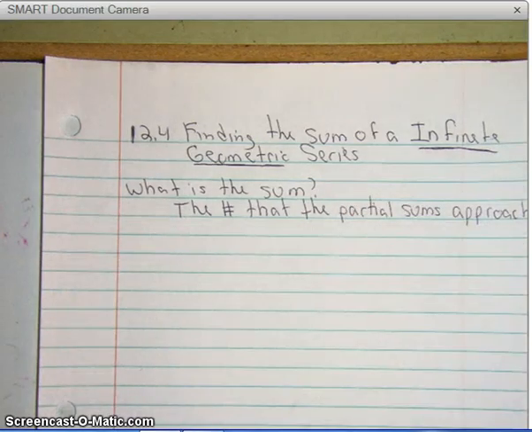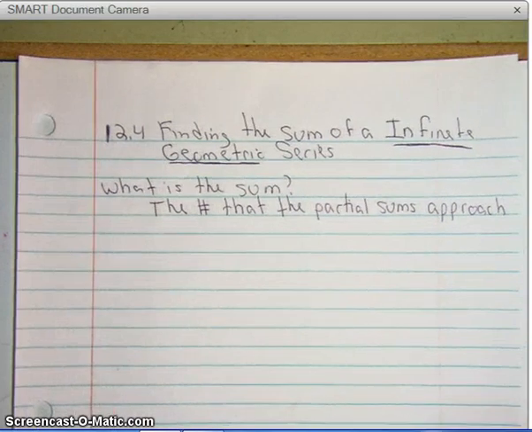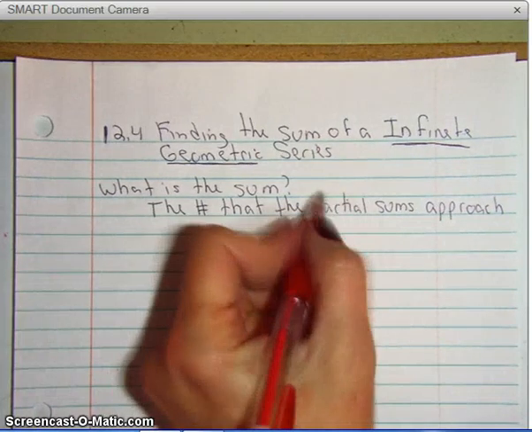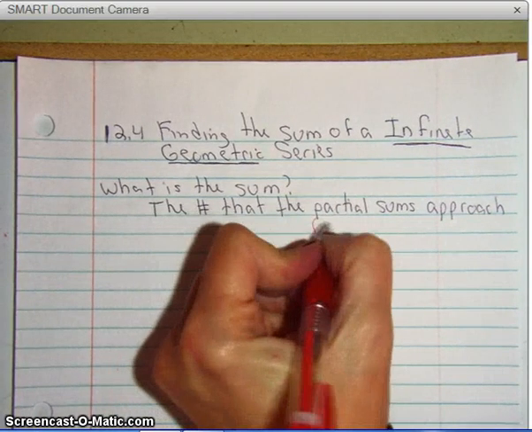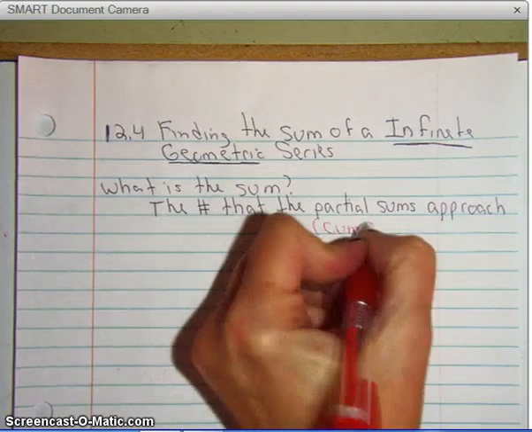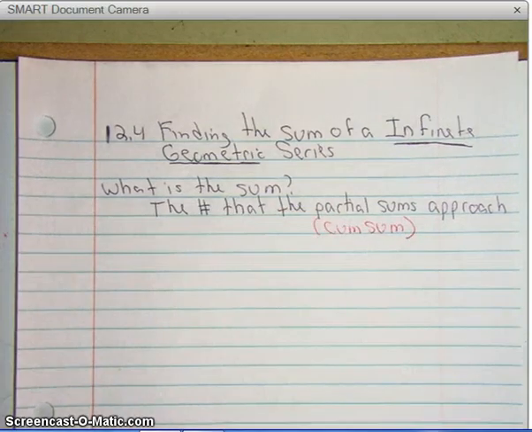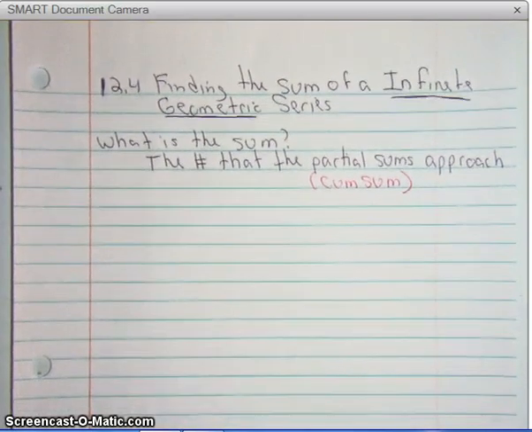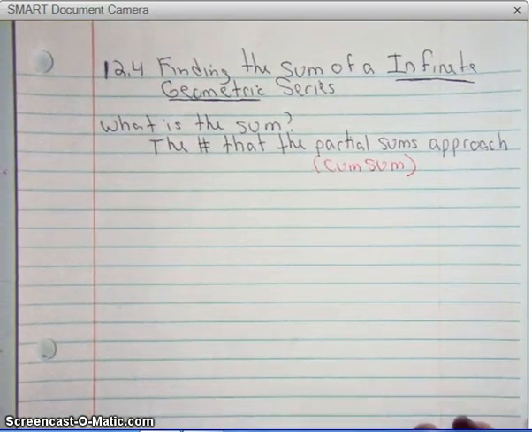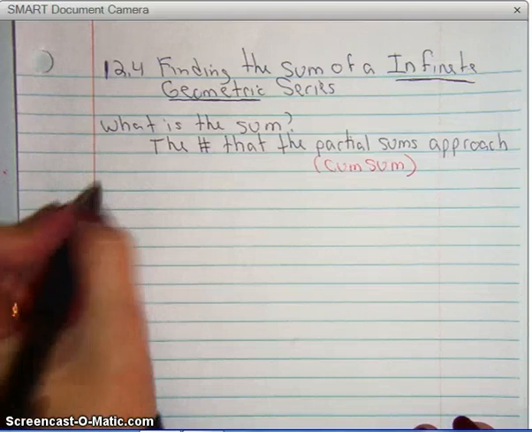On the graphics calculator, the partial sums are defined by those words, which stand for cumulative sum. And I'm going to show you how to do it on the graphics calculator right now, so you don't have to do any more cutting.